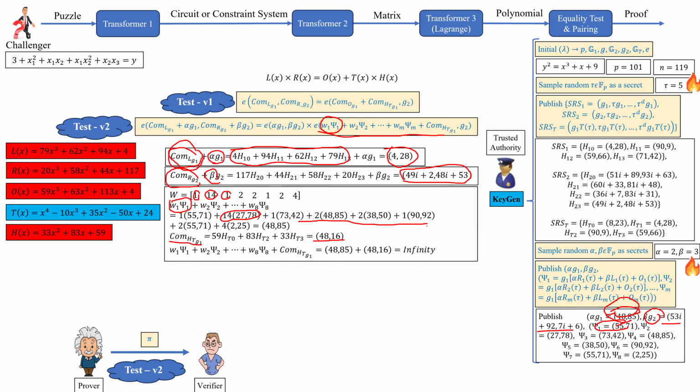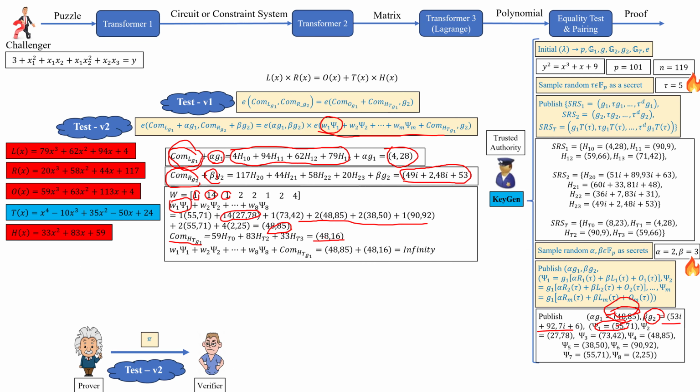Then you can use the point addition tool in our website again to add those points to each other, and you will reach this value as the other part of the proof, right?